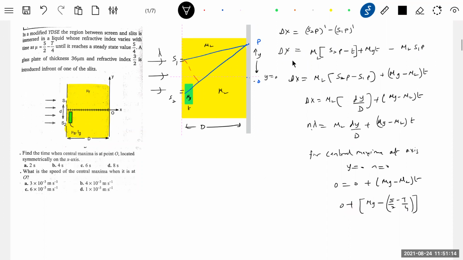Thickness of the slab, if you want, we'll make it Tg, again we may get confused with the instantaneous time. Okay, calculate the time. 2 seconds? Check once, answer. 2468.